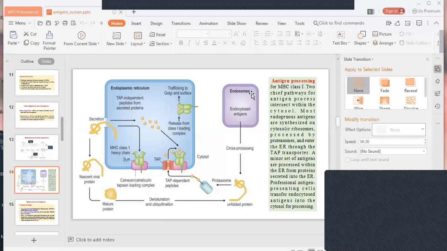Via cross processing, they get unfolded and then interact with the proteasome, or else they can be secreted. Here you can see this nascent viral protein, this is the mature protein, they get denatured, and then these proteins are received by the MHC class 1 or class 2.